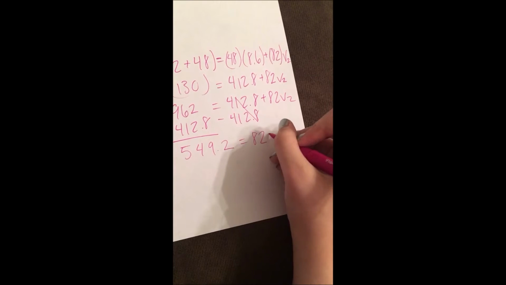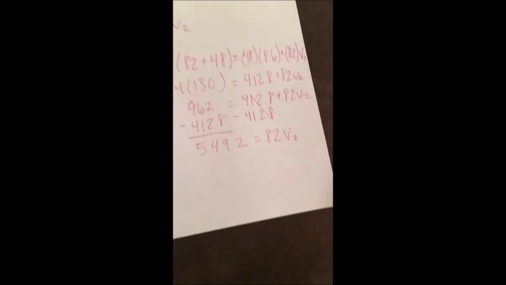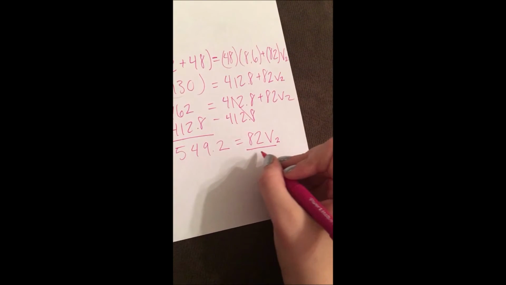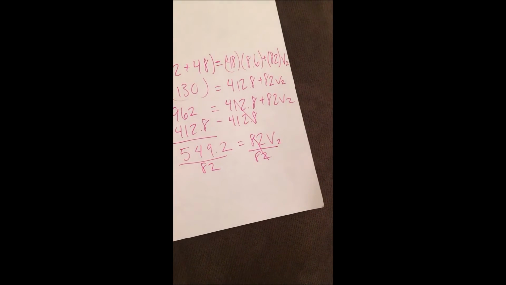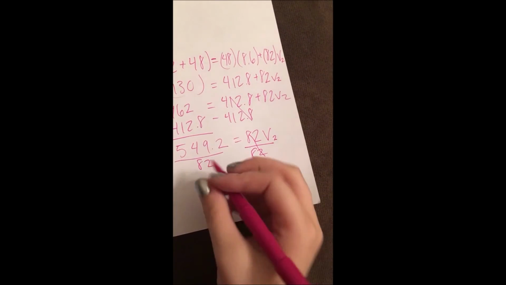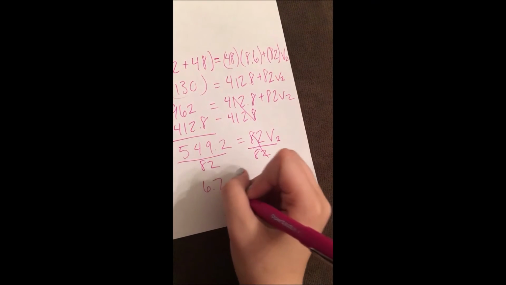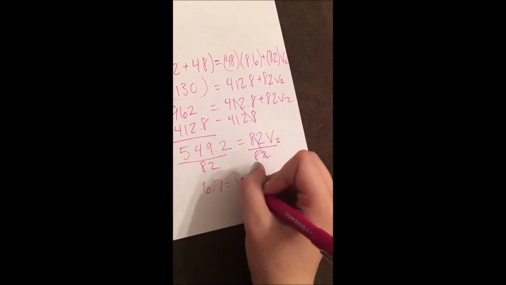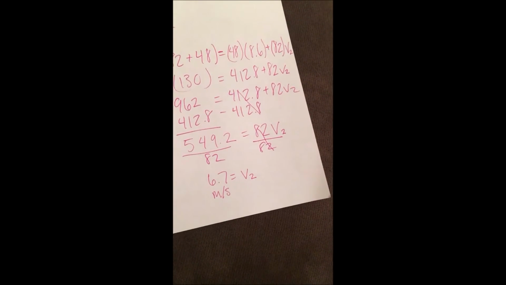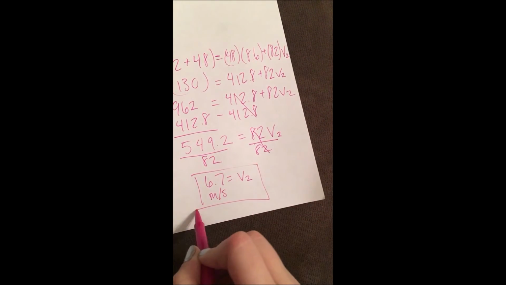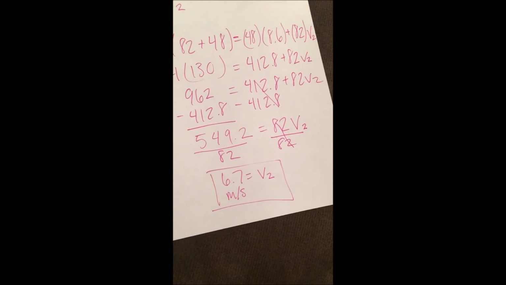And this equals the boy's mass times his final speed. Then we just divide. And this equals about 6.7 meters per second. And there we go. And that is the boy's final speed.